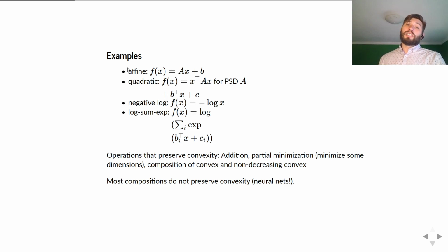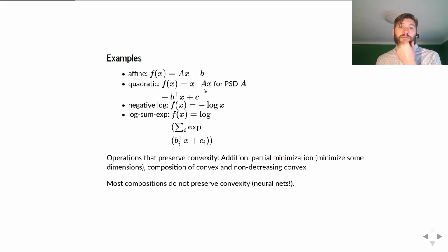Some examples of convex functions are affine ones, and quadratic ones for positive semi-definite A. One way to think about this is that in this quadratic function, A is the Hessian, right? So that's a hint for the next exercise.